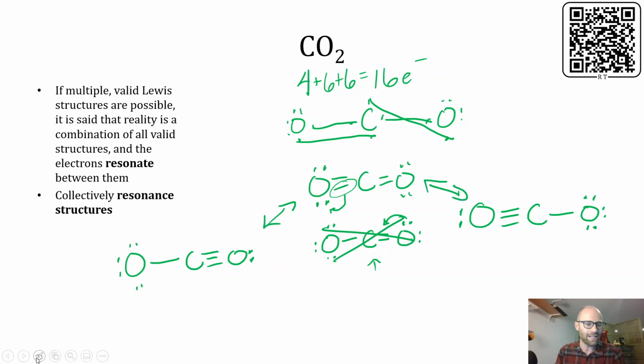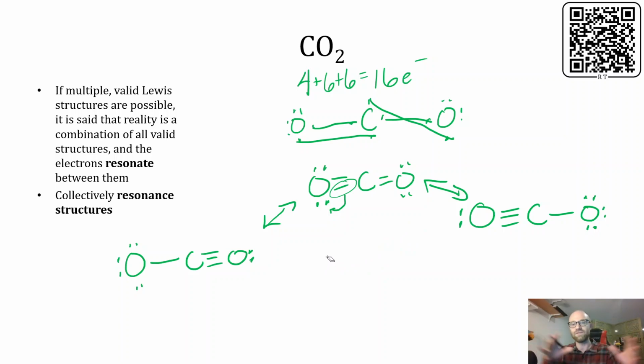So the idea is that, in reality, these electrons are not dots on a paper. They're clouds, and they interact with each other, and they have different densities in different locations. And so these are all hypothetical constructions of what a carbon dioxide molecule might look like at any time. And the truth is, they're all kind of happening, and the electrons are kind of bouncing around.